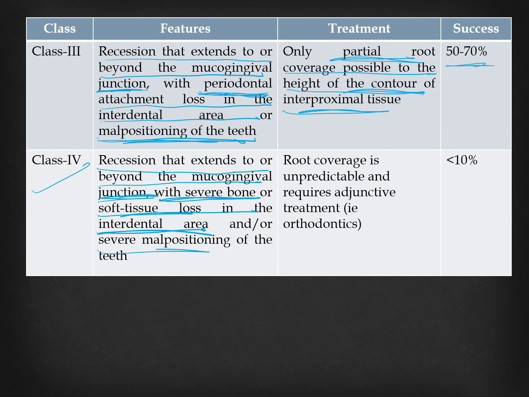And there would be severe malpositioning of the teeth. So the only difference between class 3 and class 4 is of severity. Okay. Now here the root coverage is unpredictable and requires adjunctive treatment like orthodontics in order to correct the malpositioned tooth. And the success rate of such surgeries is just less than 10%.